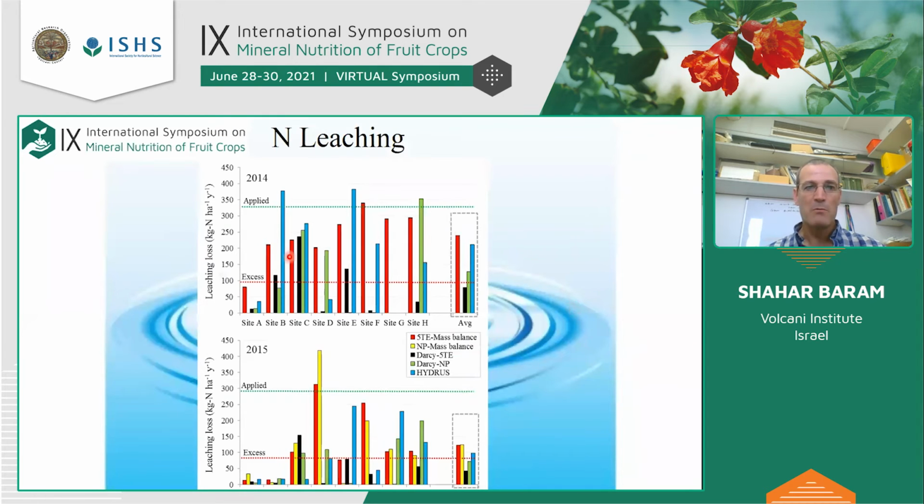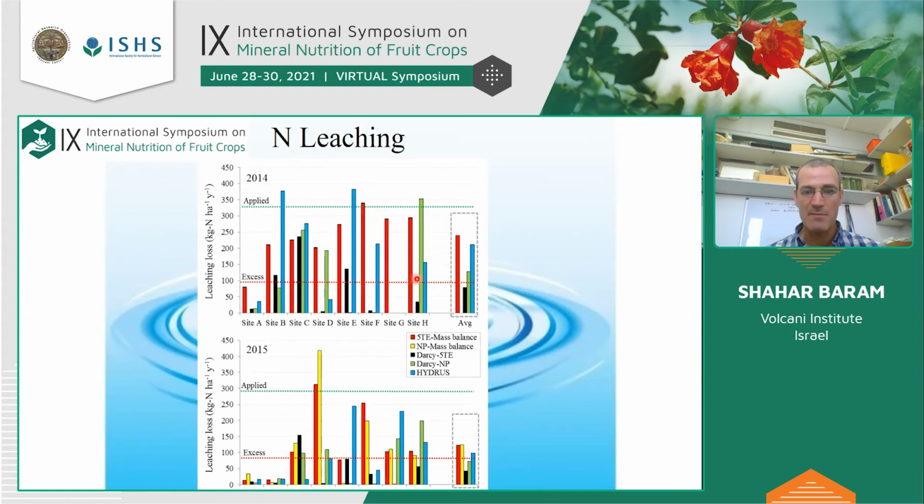When we looked at the leakiness, we tried to calculate how much is lost using 5 different methods: hydrosimulation; calculating the Darcy flux using the neutron probe data, or the Darcy flux using the 5TE data; then the mass balance approach with these 2 factors. You can see over here that we get huge variability.